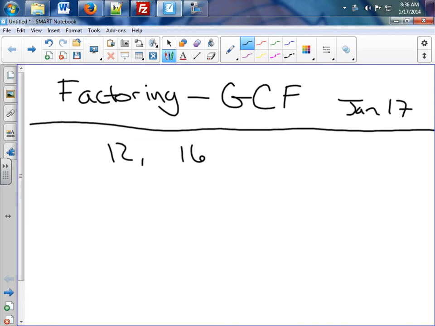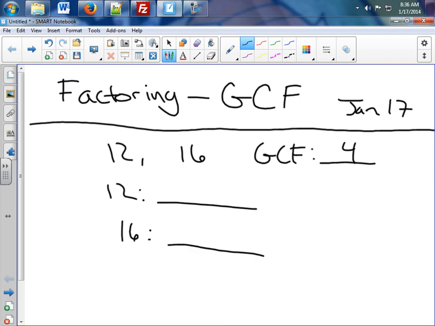4. Okay? Our greatest common factor would be 4. Many ways to do this. Hopefully the way that most of you choose, you just look at it and you know. But if you don't know, you can always break them down like this. What are the factors of 12?